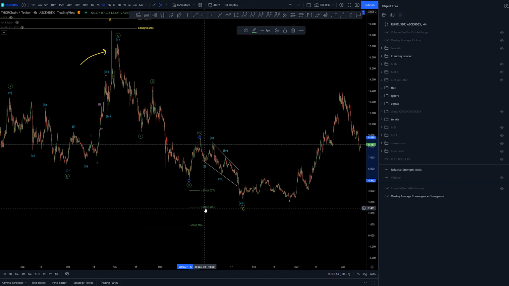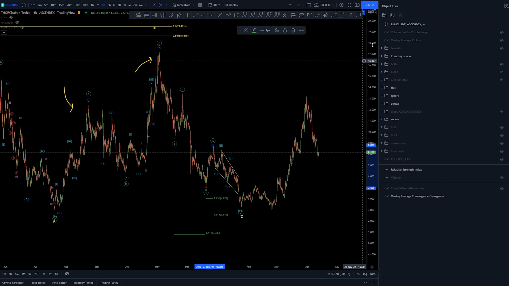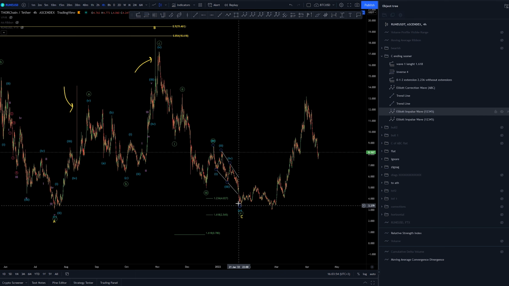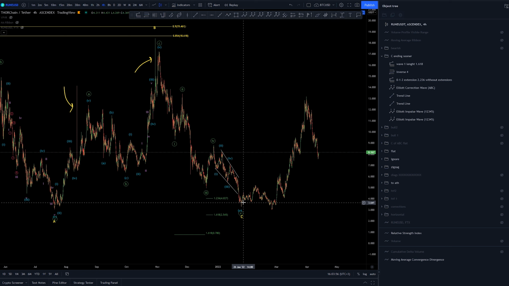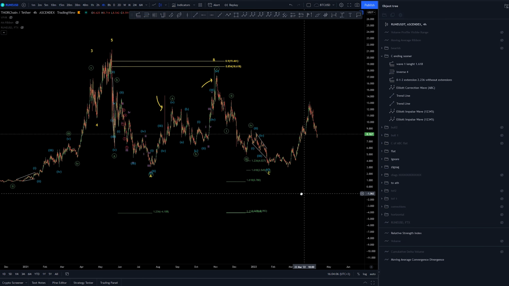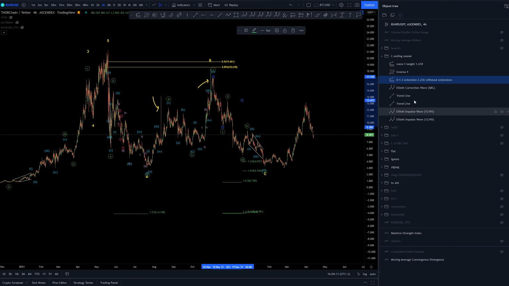The wave C is ending before the 1.618 extension, and this is actually the inverse of the 4. So this is the area where we expect wave 5 to end. Wave 1, where is this guy? Did I move this? Nope.